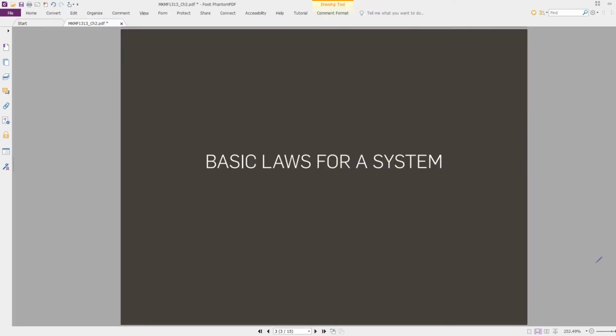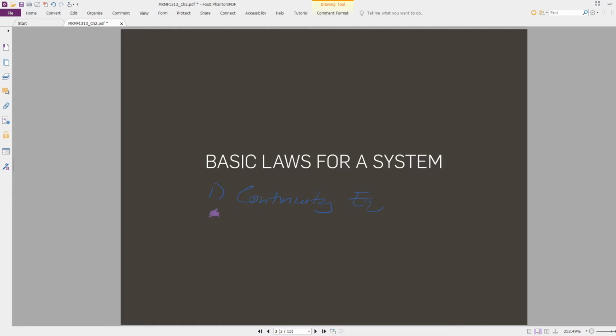So the basic laws of a system dealing with fluid dynamics or aerodynamics actually come from three governing equations. The first one is the conservation of mass, or the continuity equation.